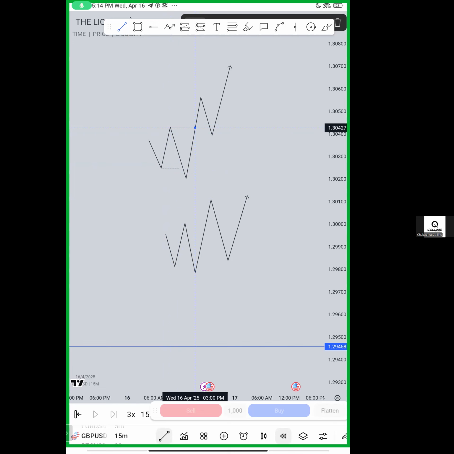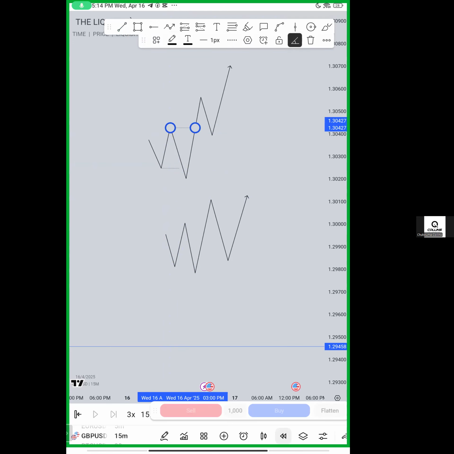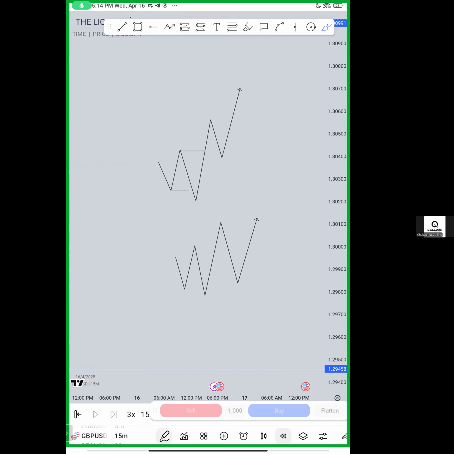For us to identify a range, we have to see a 3-candle formation, and a break of a swing high has to occur. So now the structure has occurred, and it's indicating that this is a break of structure. If price retraced all the way down and gives another break of structure, it's telling us that more people are trying to get in on this POI here.